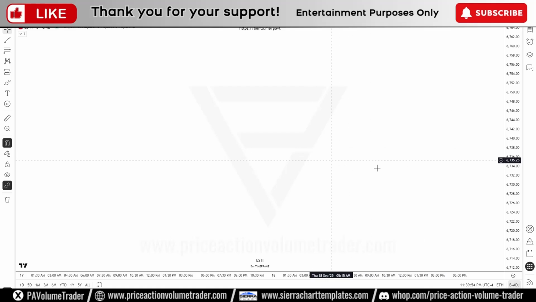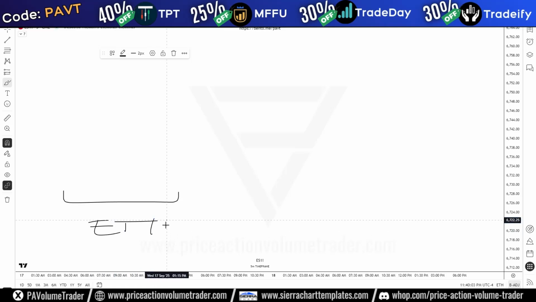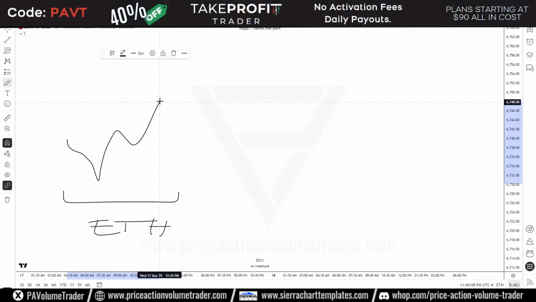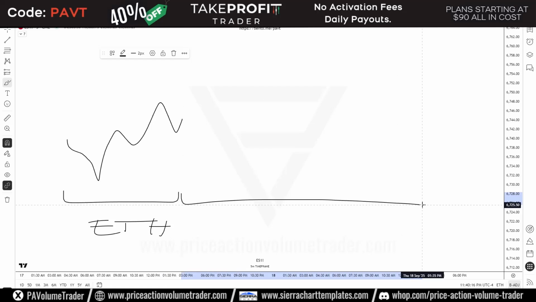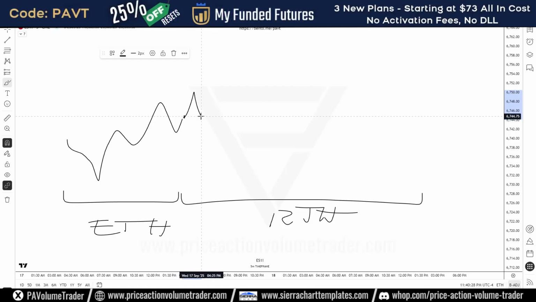So here, just to draw a quick sketch of what this would look like, we would have our extended trading hours, and let's say the market pushed down and we have this range during the extended trading hours. Then we have the start of the regular trading hours, and the market would open here and we would have an impulsive move up and then a quick move down.